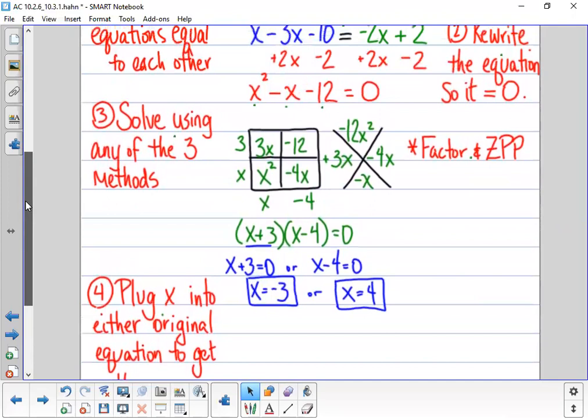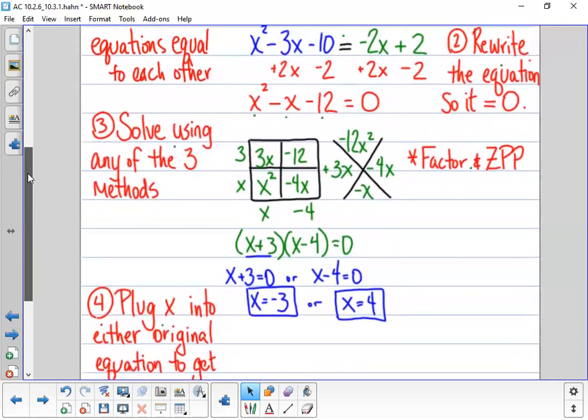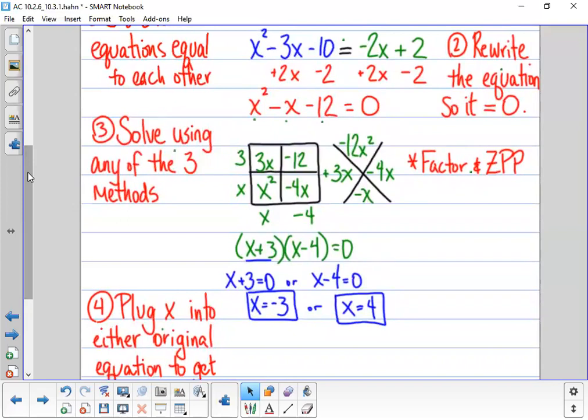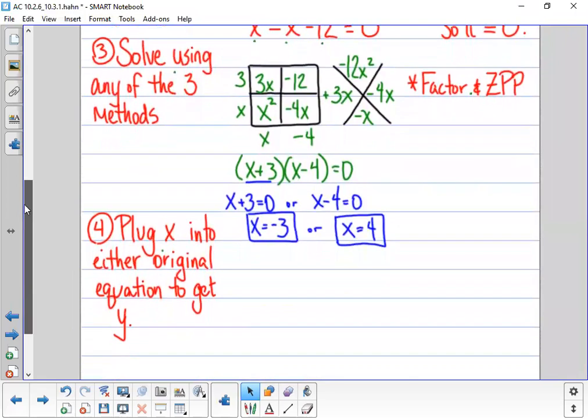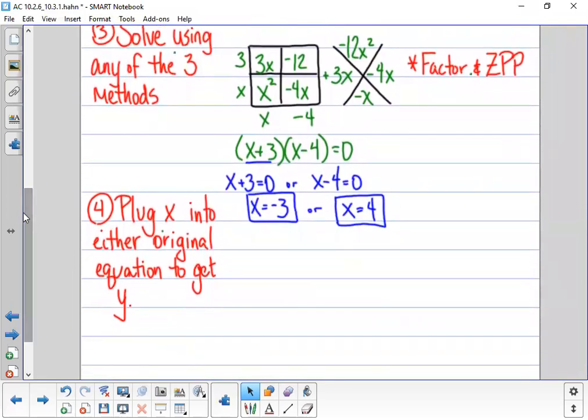Okay, my original equations, one of them was a quadratic and one of them was a line. Which is going to be the easier one to plug into? The line. Okay, so my line was negative 2x plus 2. So that means that down here, I can plug negative 3 in for x into negative 2x plus 2 to get my y. So that's the first one I'm going to do.